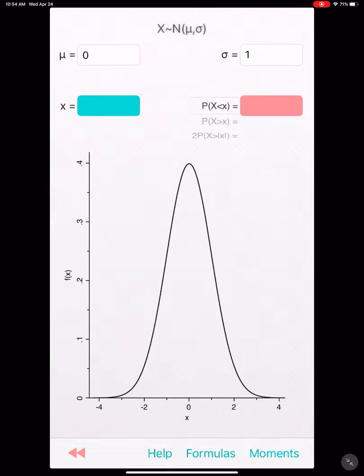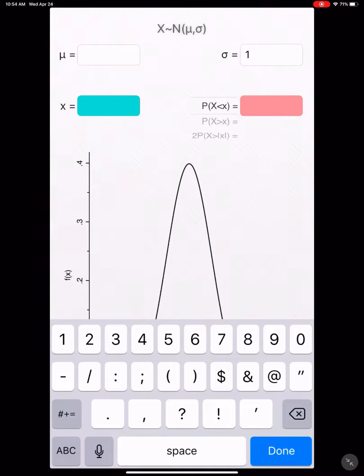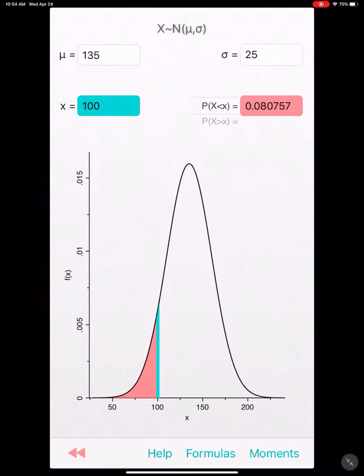So right here where it has the mean, I type in 135 and the standard deviation is 25. In this case, we wanted less than 100 words per minute. This is already set to less than, and there's the picture.